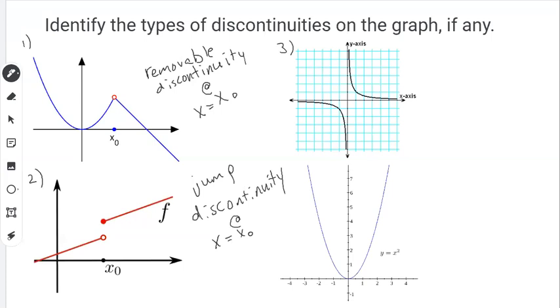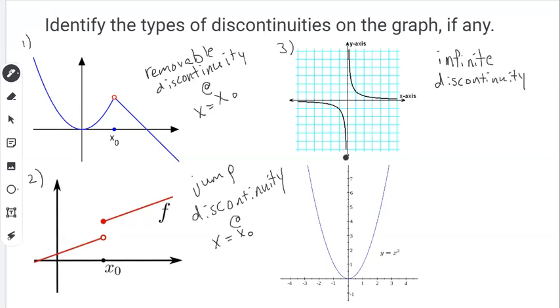All right, I'm getting some answers. Yep. It's infinite, right? So we say it has an infinite discontinuity. And the reason why it's infinite is because it has a what?